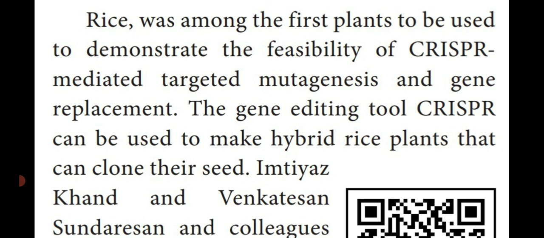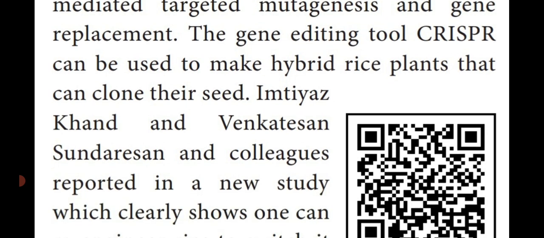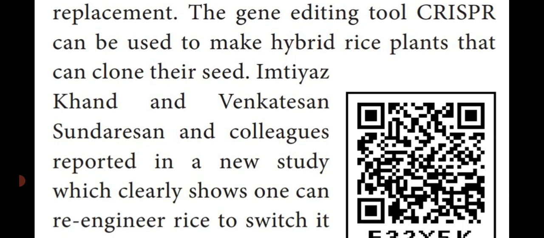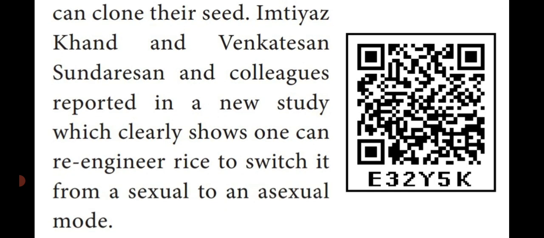So this rice plant is used to produce the hybrid rice variety. Then after that, this hybrid rice variety is cloned and then used for the cultivation process. Scientists Imtiaz Khan and Venkatesan Sundaresan and his colleagues reported a new study that clearly shows the re-engineering of rice to switch it from sexual to an asexual mode.